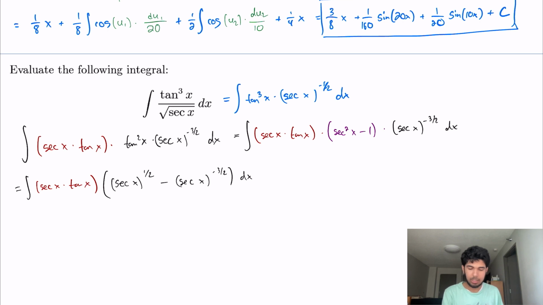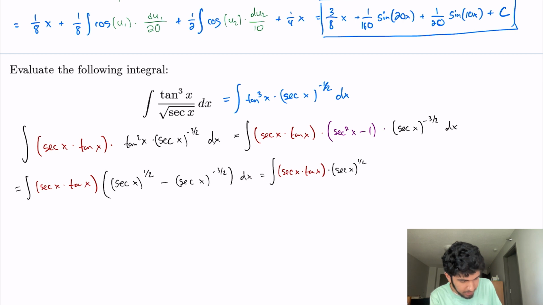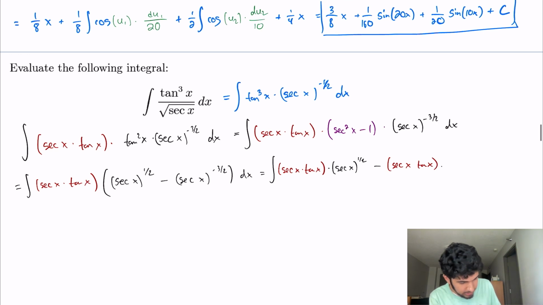Good. Now we could distribute that secant tangent term in. Let's do that. It'll make it a little bit more understandable. So we have to distribute the secant x tangent x term in. So we multiply that by secant x to the 1/2, and then we subtract secant x tangent x times secant x to the negative 3 halves dx.